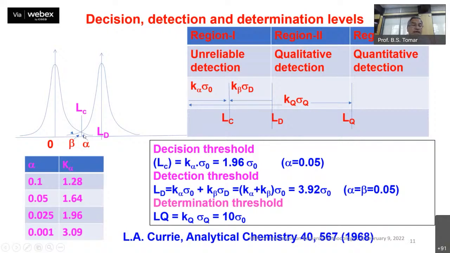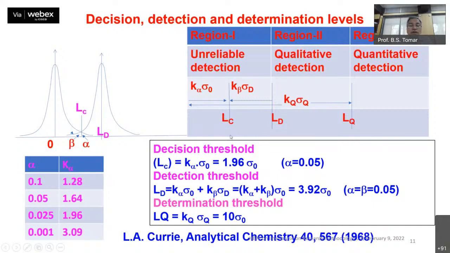Now, if you get a measurement more than the mean background plus 1.96 times the standard deviation of the background, you say that it may contain the substance that you are analyzing. That is called the decision level. But you are not sure. It's called unreliable detection.